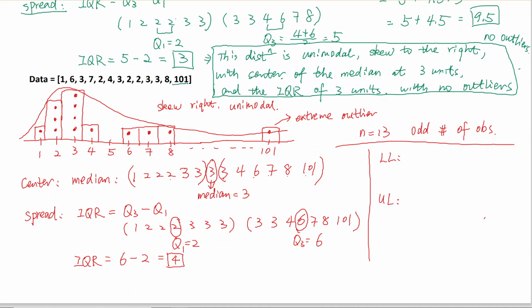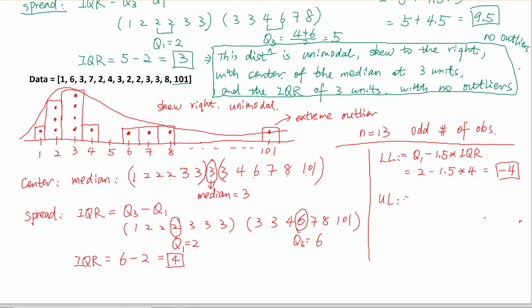The lower limit will still be Q1 minus 1.5 times IQR. So it will be Q1, which is 2, minus 1.5 times IQR, which is 4. So it will be 2 minus 6, which is negative 4, right?